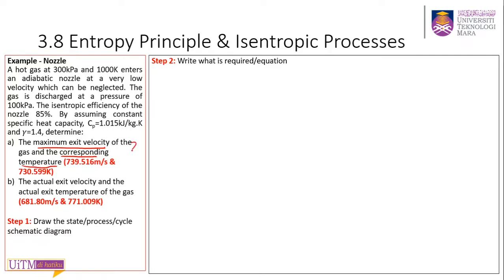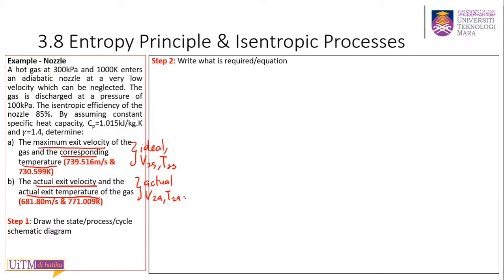Both of these refer to the ideal condition, for velocity V2S and for temperature T2S. For the second item, it asks us to find the actual exit temperature and the actual exit velocity. This is based on the actual conditions, V2A and also T2A.